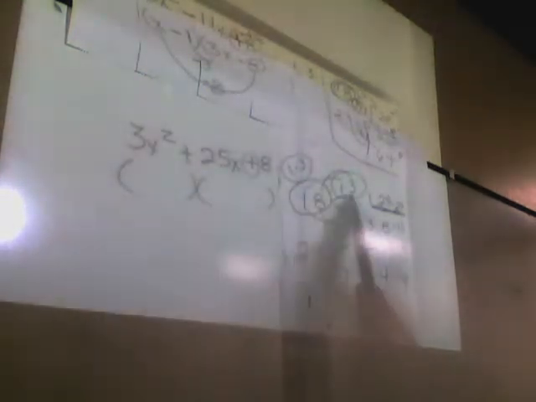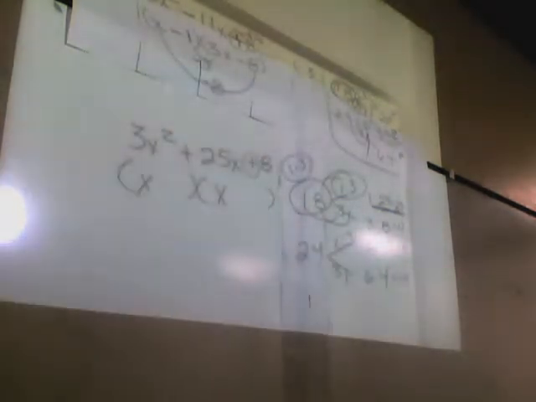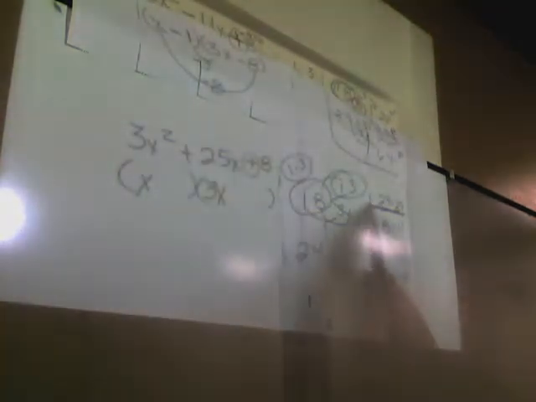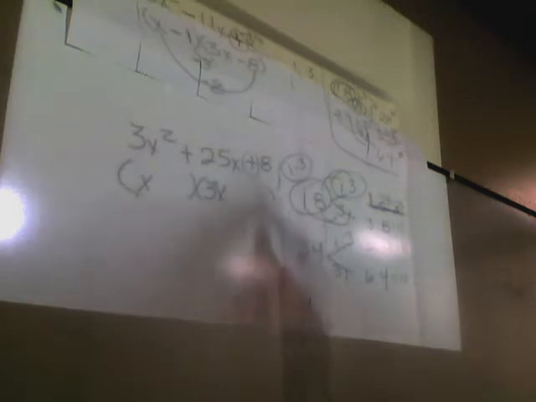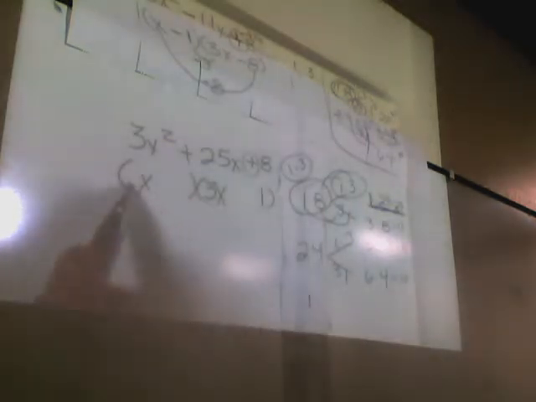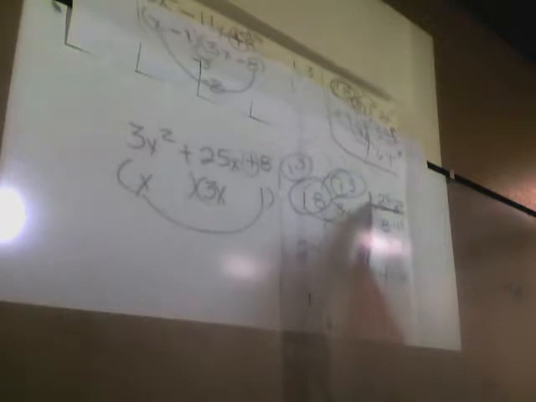So the 1 and 3 are the coefficients for our x squared term, our x terms. So we have 1 and 3. To get a 1 here, we need a 1 and 24. So the 8 and 1 have to be where the 1 is multiplied times the 1 to get the 1.